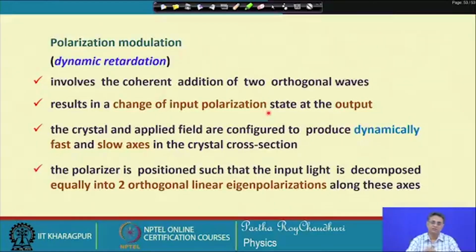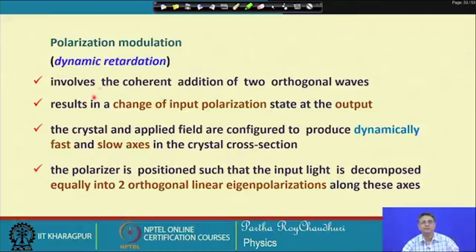The polarization axis will be the same, but only the state of polarization will change at the output. You know that the state of polarization can be varied from linear polarization to elliptical polarization or circular polarization and back to linear polarization. This variation will be the modulated output.